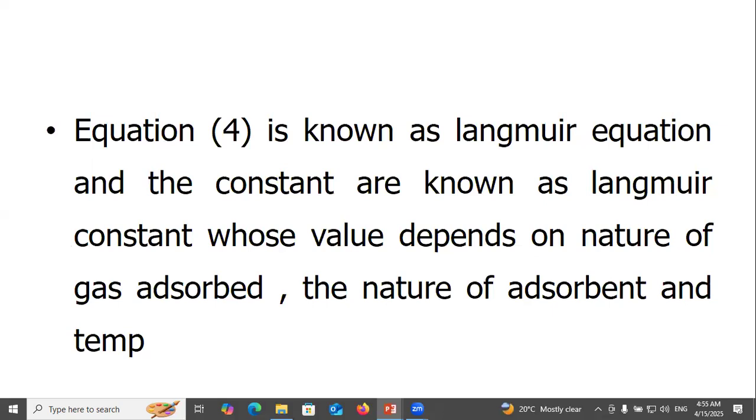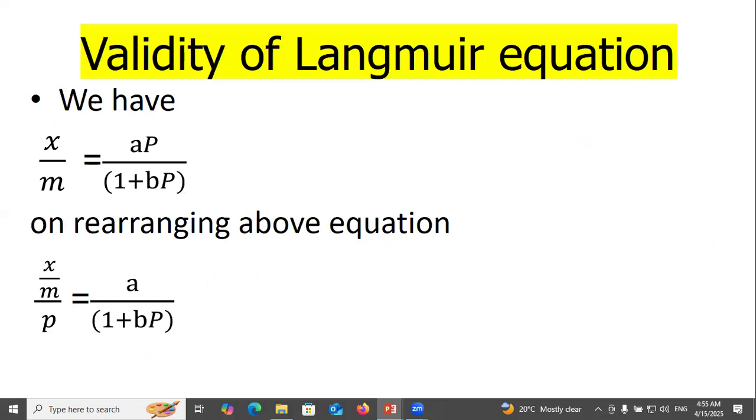Equation 4 is known as the Langmuir equation and the constants are known as Langmuir constants, whose values depend on the nature of the gas adsorbed, the nature of the adsorbent and temperature. Validity of the Langmuir equation: we have x over m equal to AP over 1 plus BP.